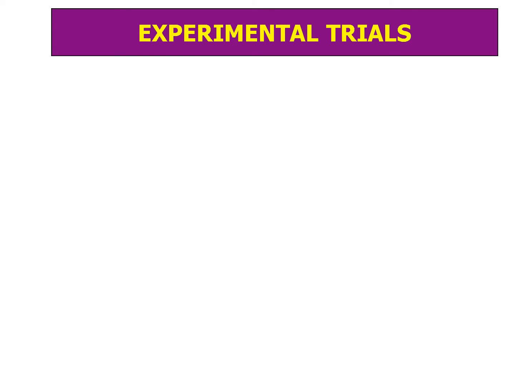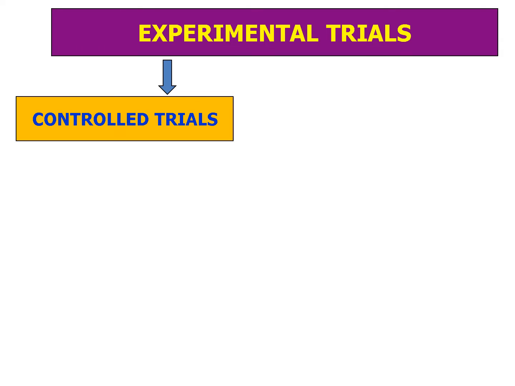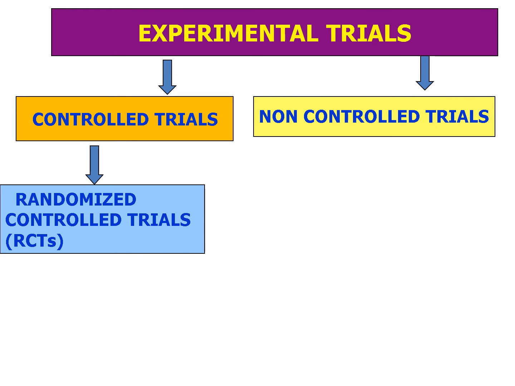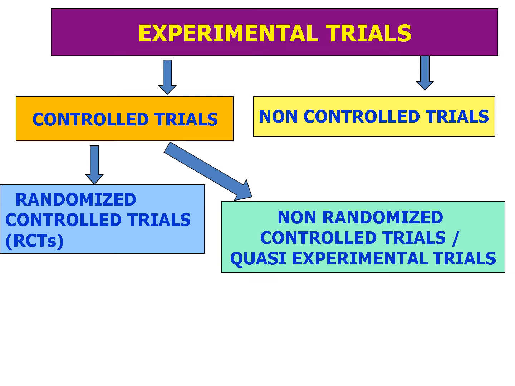So, experimental trials can be controlled trials, which means there will be a comparison group and an experimental group, or non-controlled trials, where there will be an experimental group only, no control group or comparison group. Controlled trials can be divided into randomized controlled trials or non-randomized controlled trials.